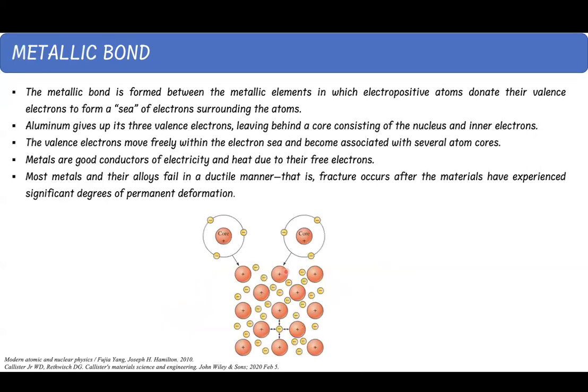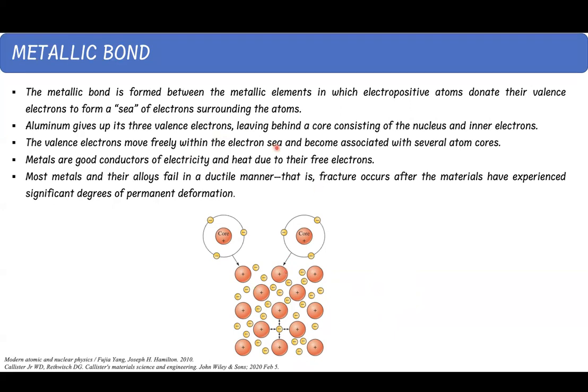And the next one is the metallic bond. In metallic bonds, the electrons in the outermost shell are freely shared with each other, not going to particular atoms, and they move freely.